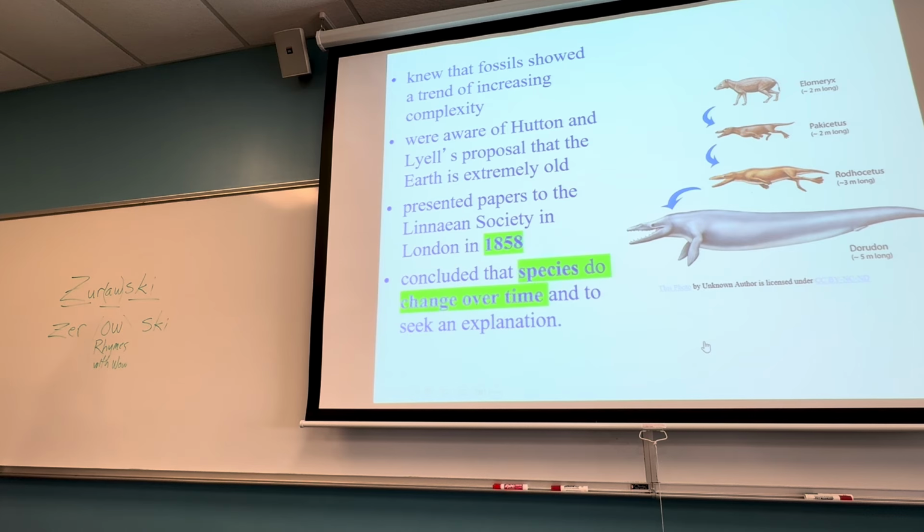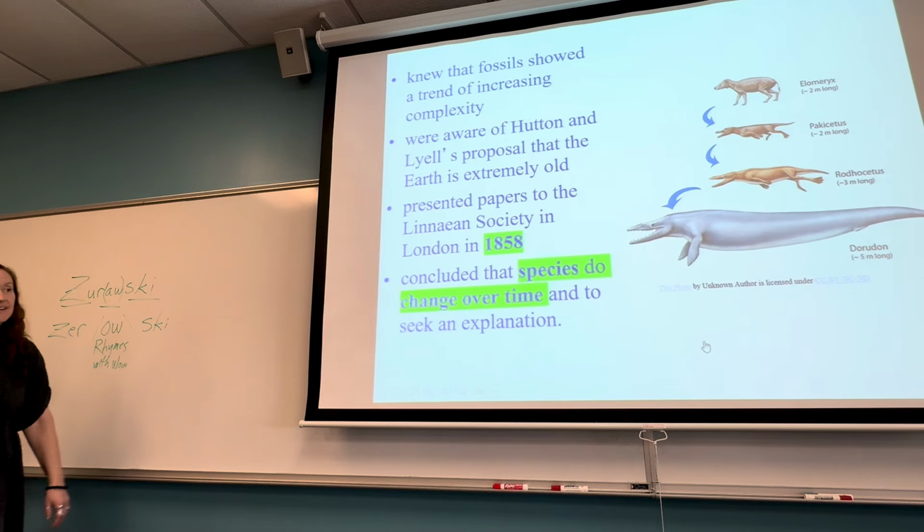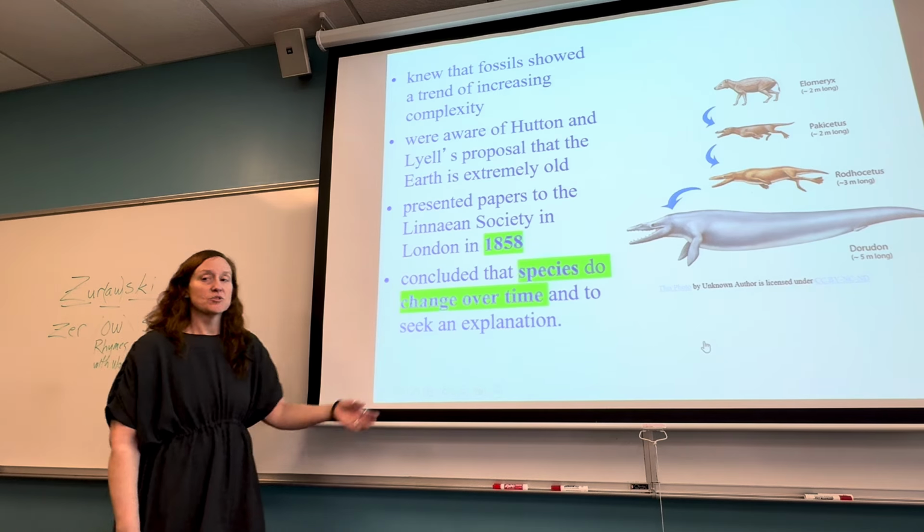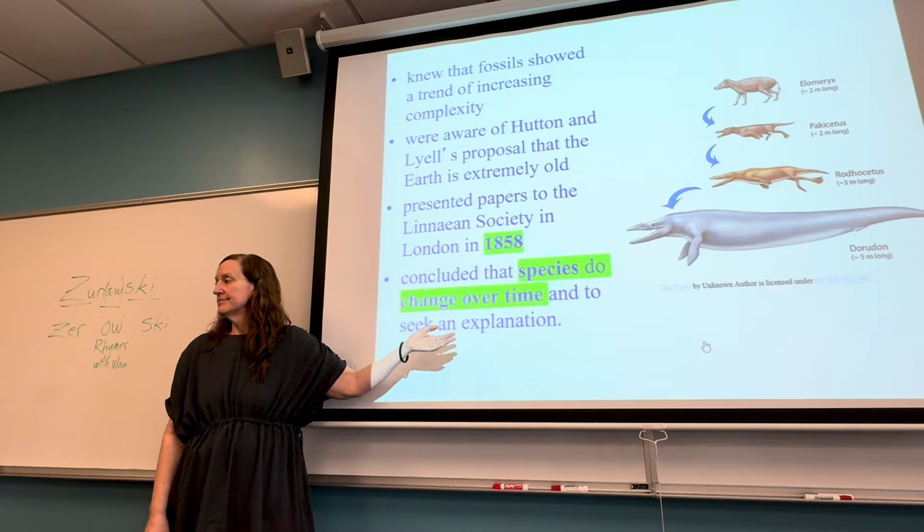And in 1858, Wallace and Darwin presented this big idea that species change over time.